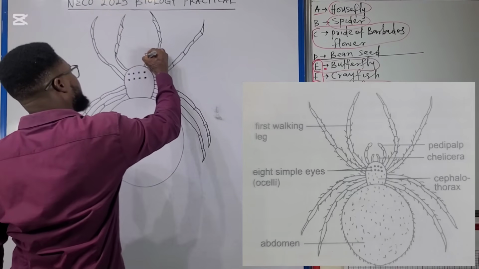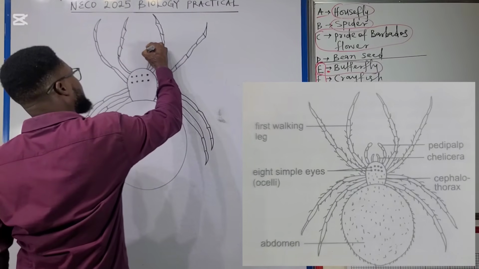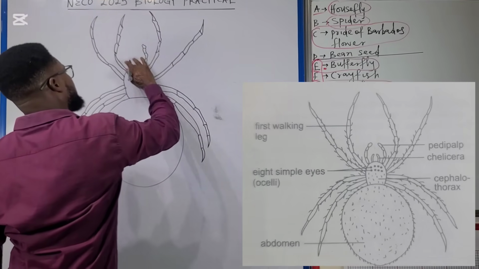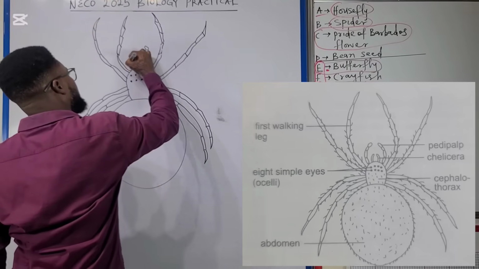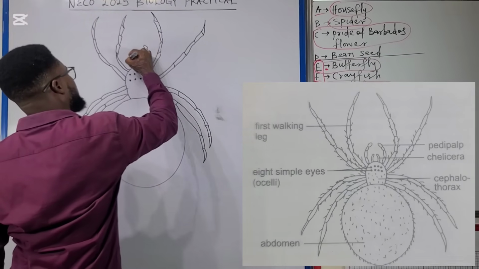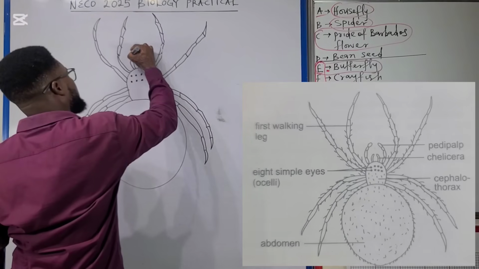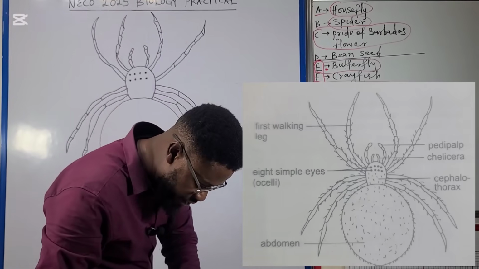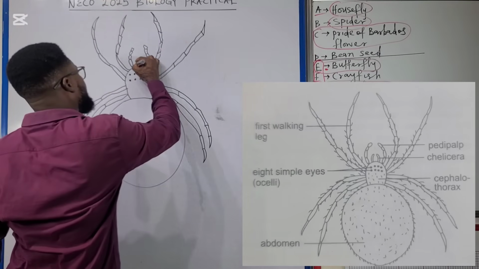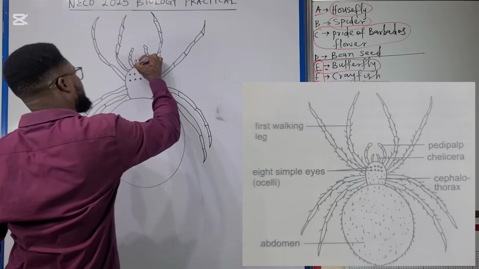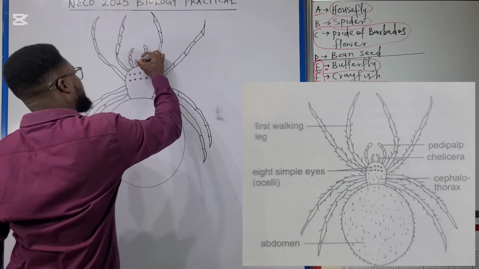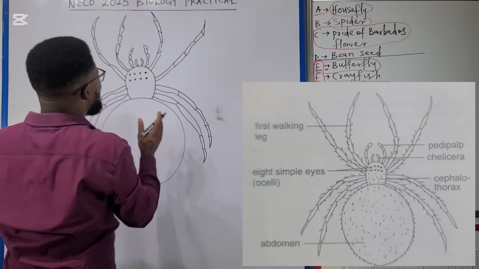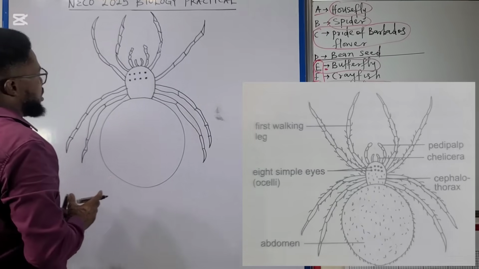The pedipalp goes somewhat like this, a small one. And then of course the chelicera, you can see that on your screen. So that's just about the main plan for a spider.